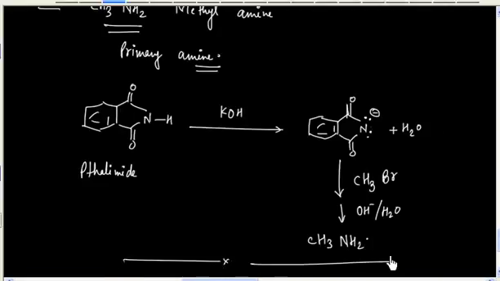So Gabriel phthalimide synthesis can be used for preparation of primary amine, and the mechanism is simple. First step is acid-base reaction, next step is nucleophilic electrophilic reaction, and finally we have hydrolysis. The hydrolysis step is similar to hydrolysis of amide. Only thing is, this time we have 2 times hydrolysis. So finally nitrogen gets freed and nitrogen has 2 hydrogens.